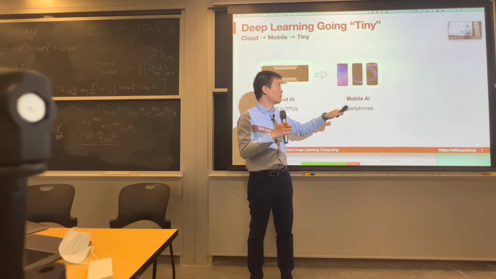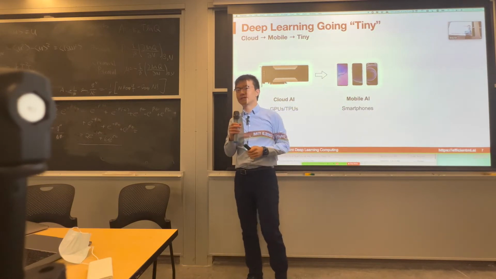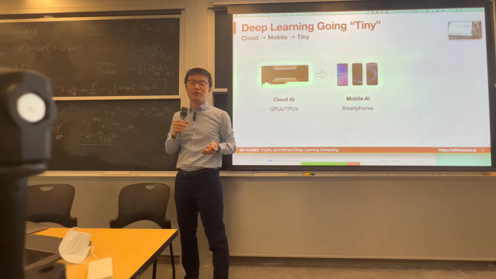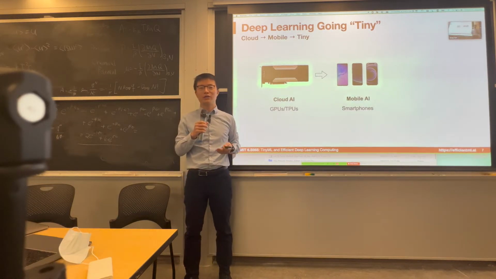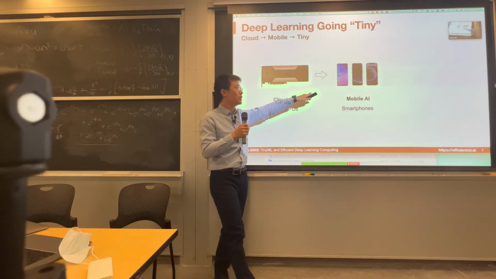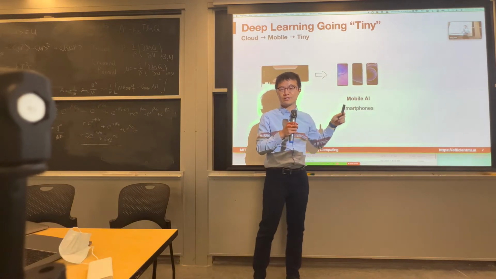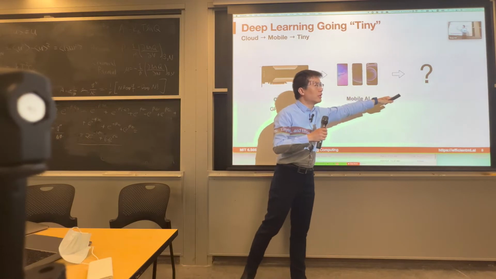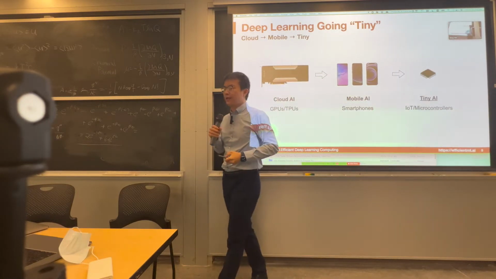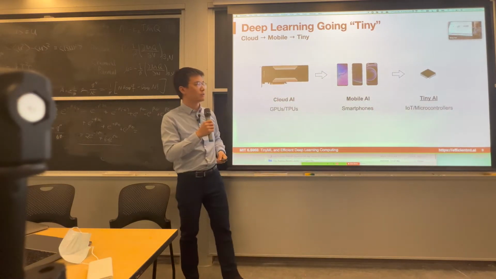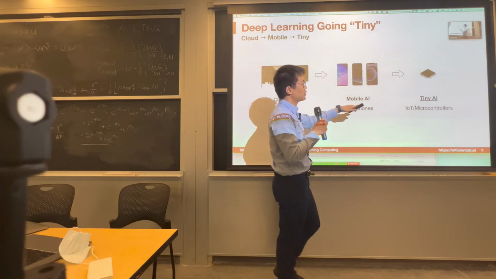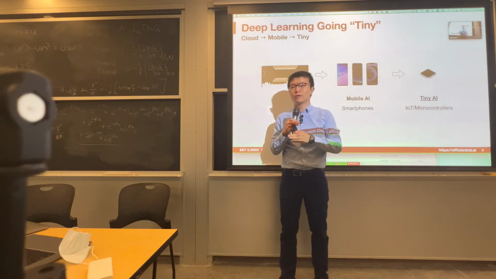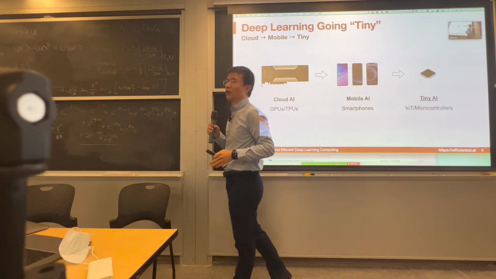Okay. For example, iPhones these days will understand your photos. You can search, like going to the beach, having a party, something in your album, so it understands your photos. Can we go even smaller, right? So that's TinyML, Tiny AI, right? For these IoT devices, for these microcontrollers, we want AI to be everywhere, right?